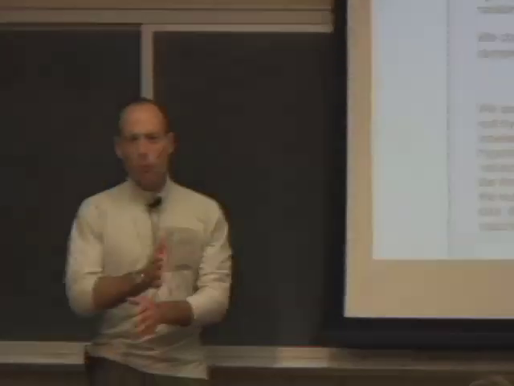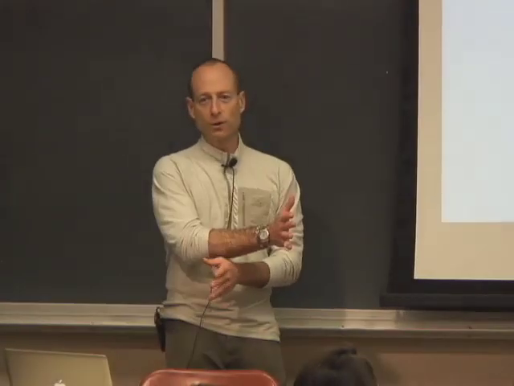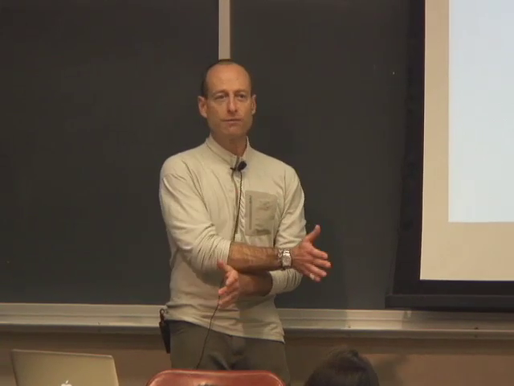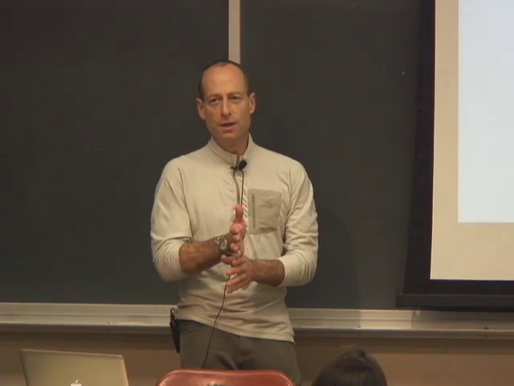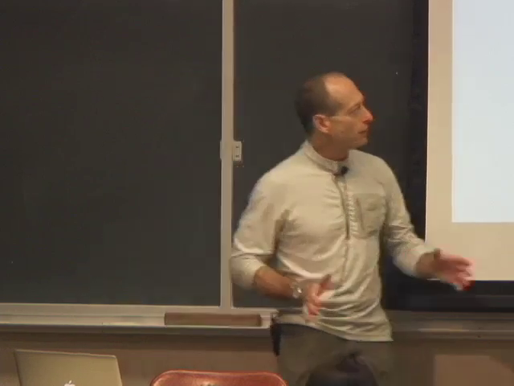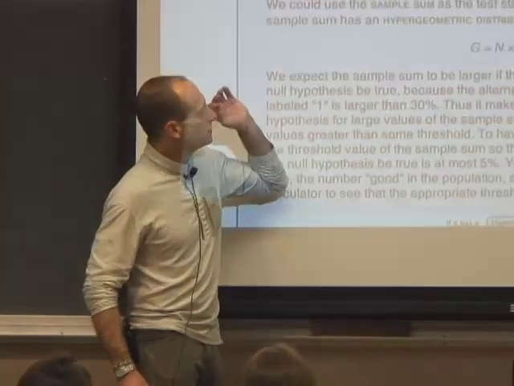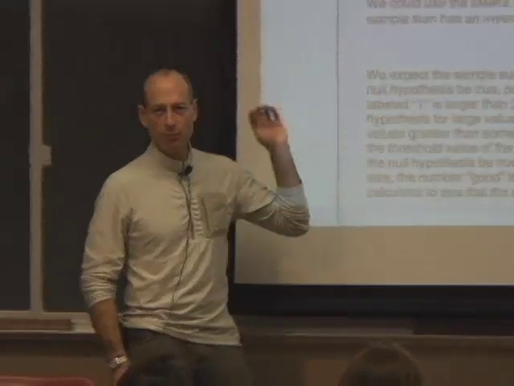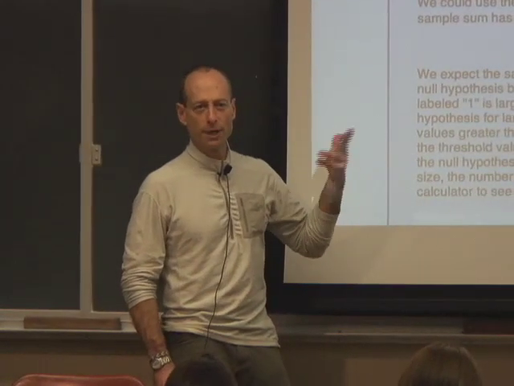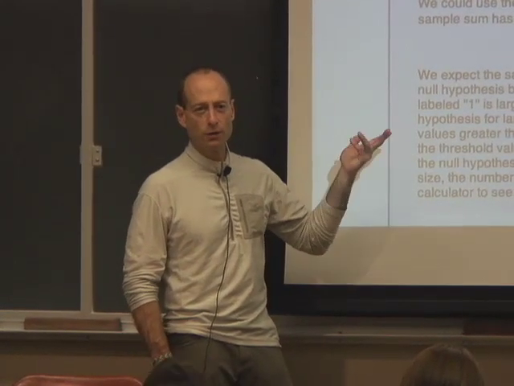So if I want to have a rule that has good power, that is, has a big probability of rejecting the null hypothesis when the alternative hypothesis is true, then for what values of the sample sum, the number of tickets in the sample labeled 1 that I get, am I going to want to reject the null hypothesis? Am I going to want to reject when x is big or when x is small?